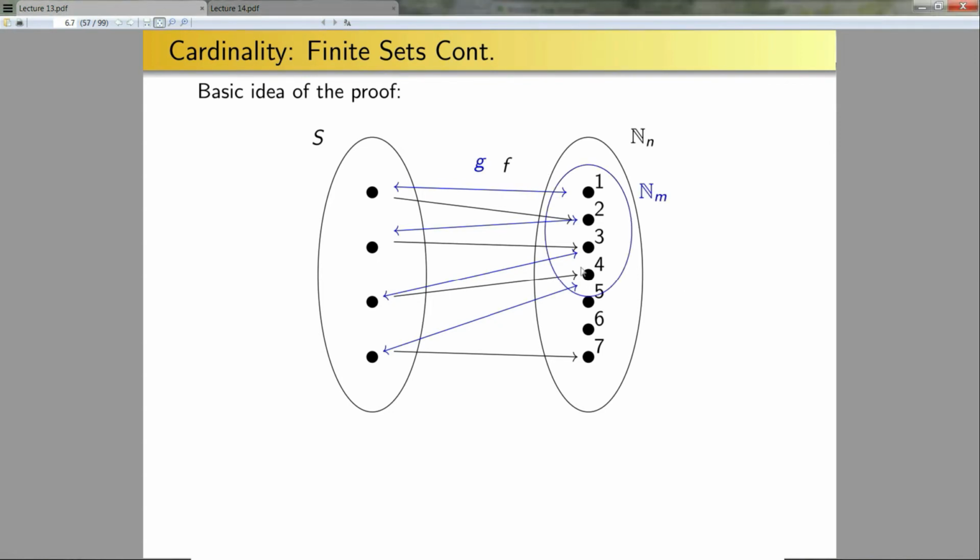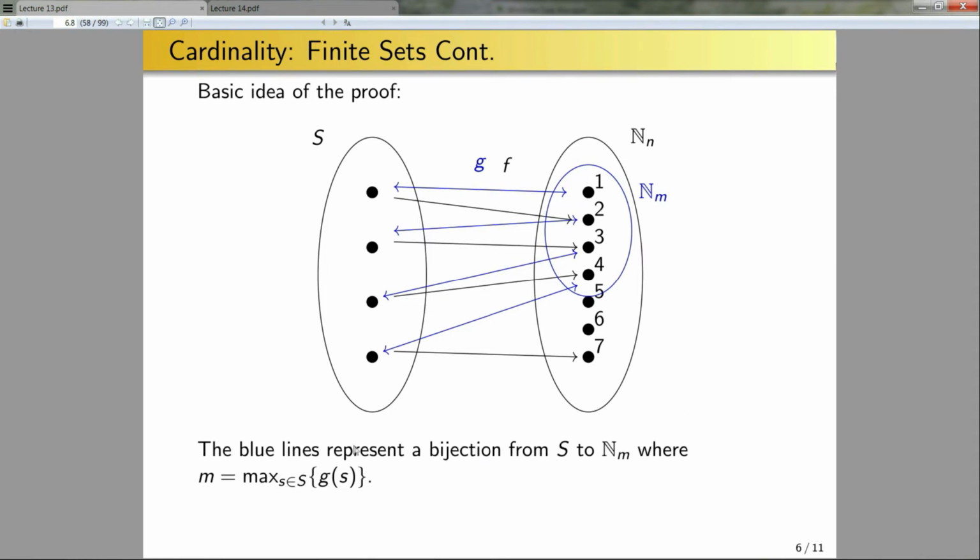Therefore, I can now take this set here to be my N sub m, and I can notice that just from this picture, it's pretty obvious that g is a bijection. So, to be explicit here, the blue lines represent a bijection from S to N sub m, where m is the maximum over all s in S of the function g of s. So explicitly in this case, m is equal to 4.